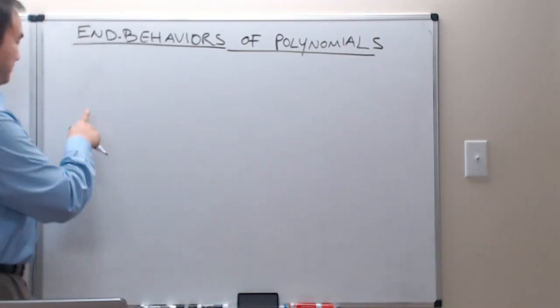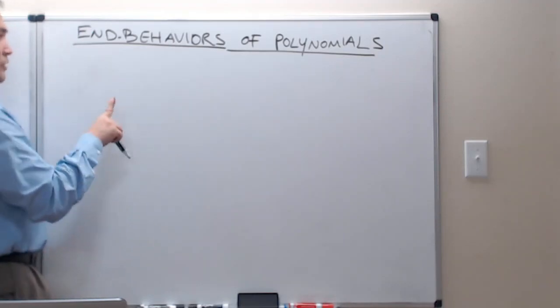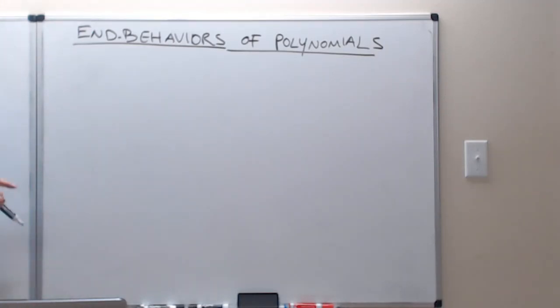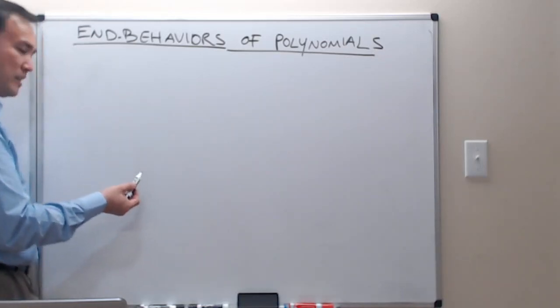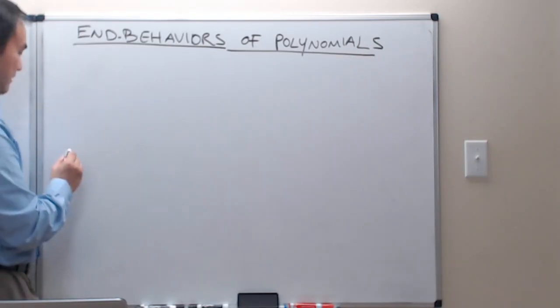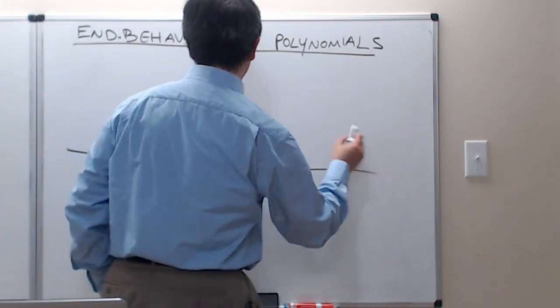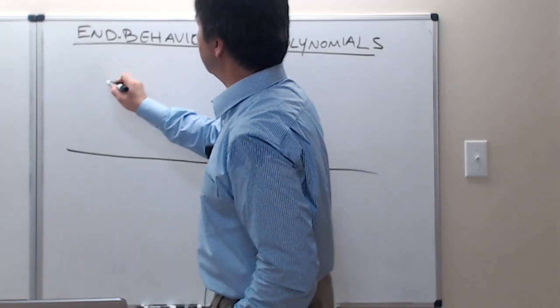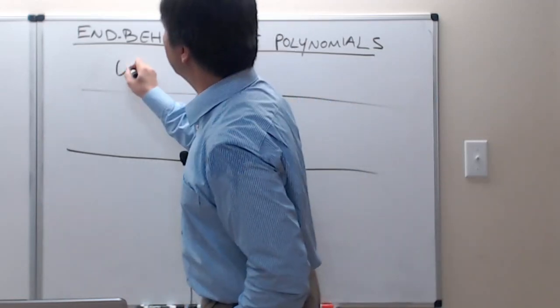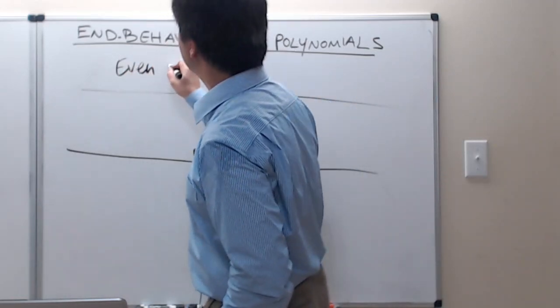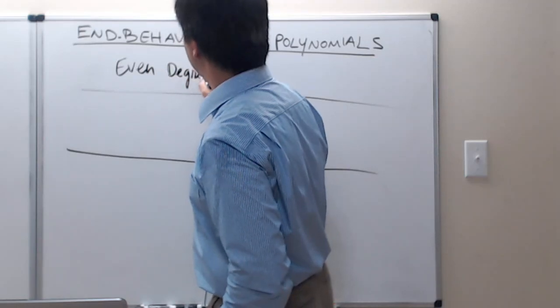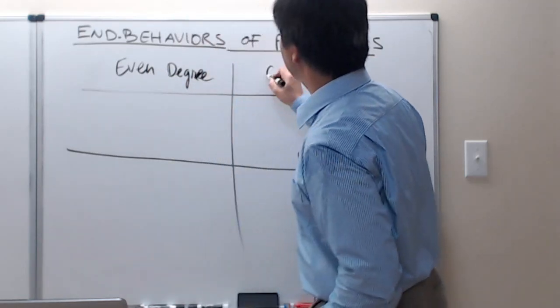So now, to determine the end behaviors of any polynomial, it's surprisingly simple. What determines the end behavior of any polynomial depends on two factors. Either it has an even degree, or having an odd degree.